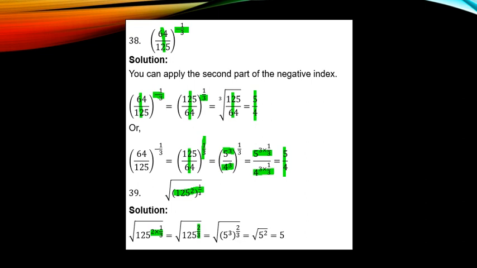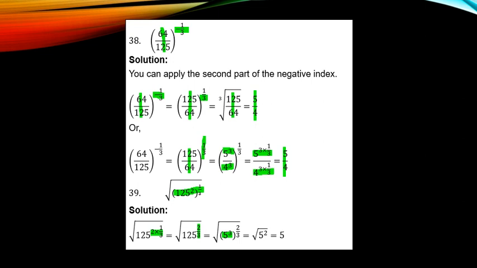We are seeing 3 there as cube root. So to remove the cube root, let's express 125 as 5 cube, because we are aiming at removing that 3 in the denominator of the power. So we must express 125, if possible, such that the power will be 3, and that is 5 cube.